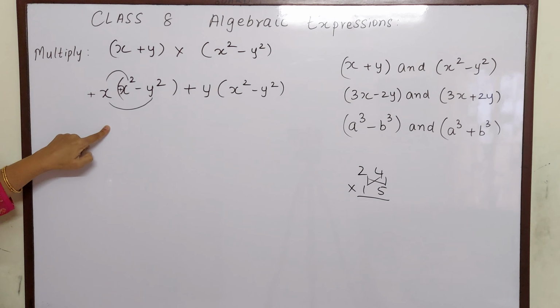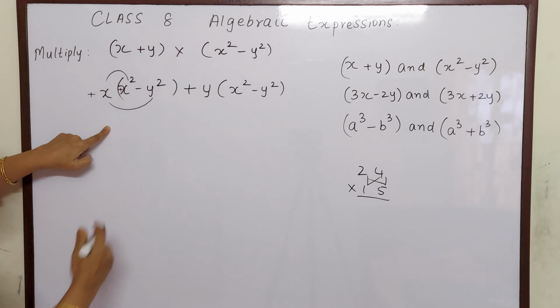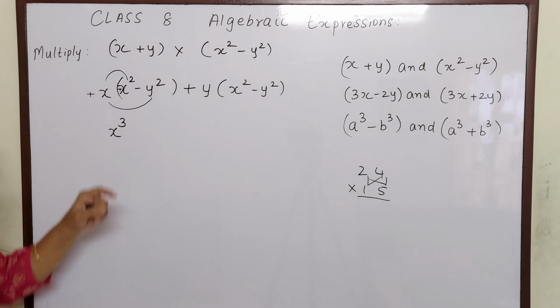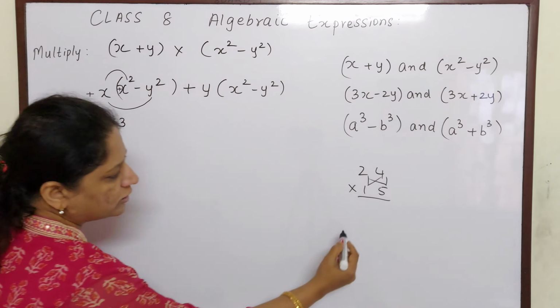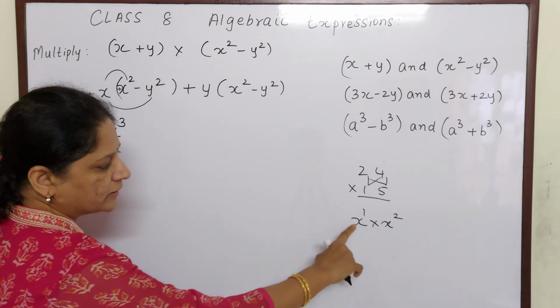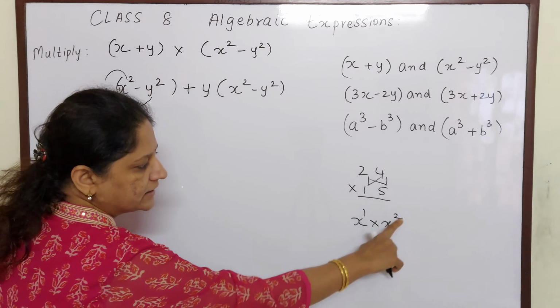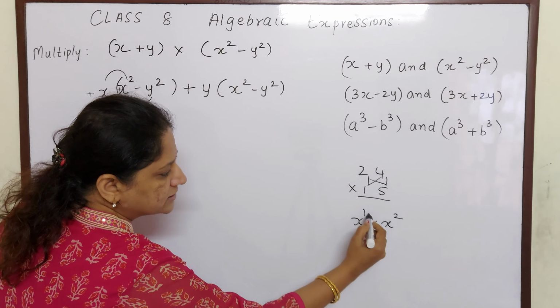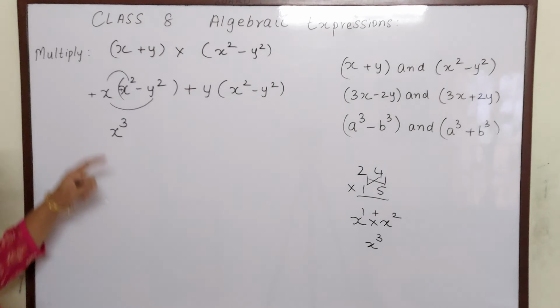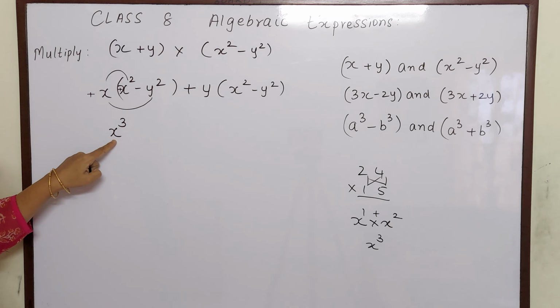So no need of writing plus. And x into x square is x cube. Why is x into x square x cube, children? Because if x is not having any power, that means it is having 1. So a raised to m into a raised to n will give you a raised to m plus n. So that is why x cube.